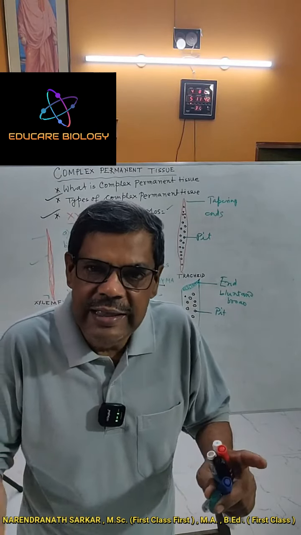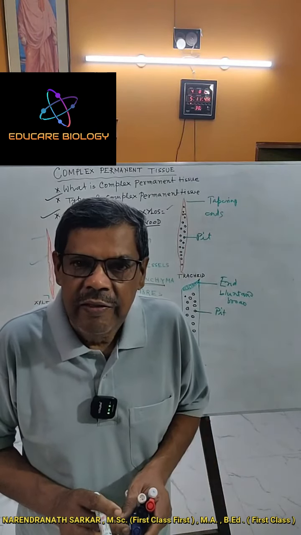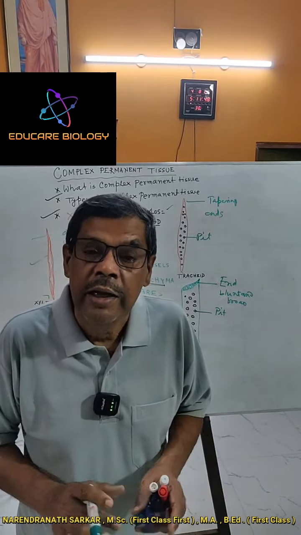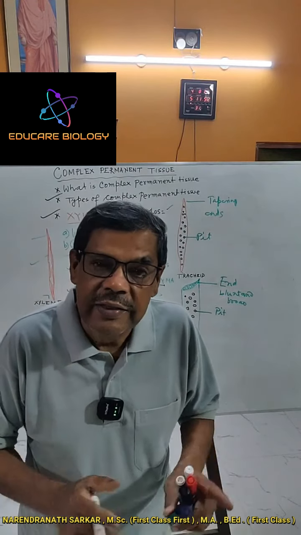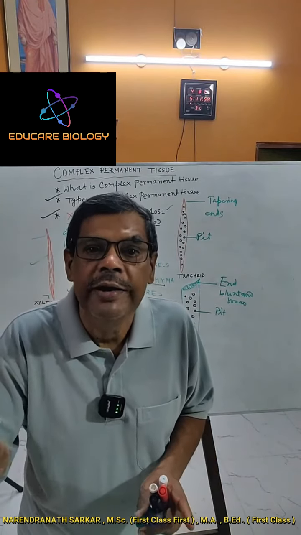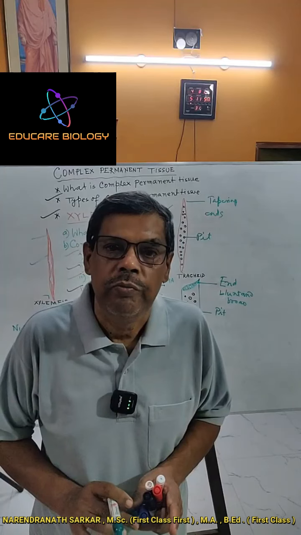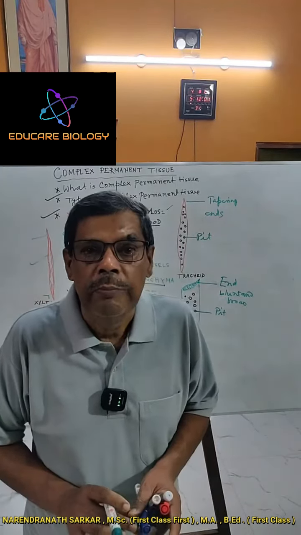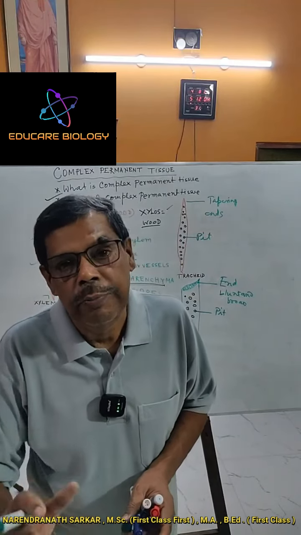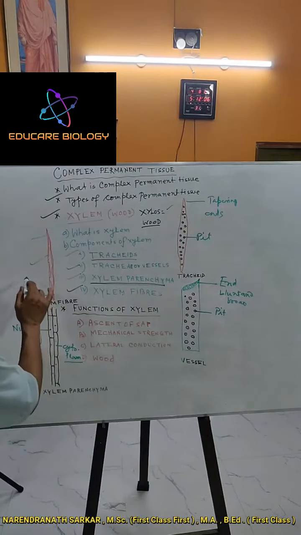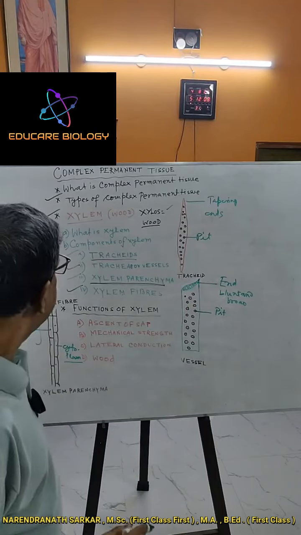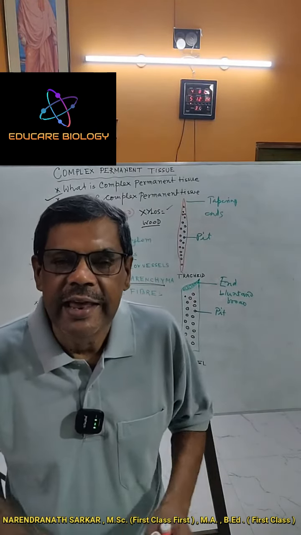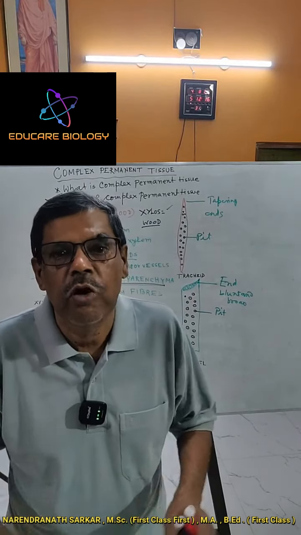Pits are also present on the cell wall, and there is very heavy thickening on the inner side. The lumen is very narrow. They perform the function of mechanical strength to the plants. These are xylem fibers. The scientist Nageli, in 1858, discovered the xylem.